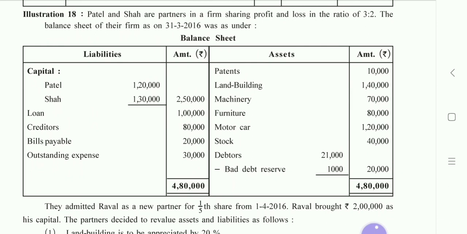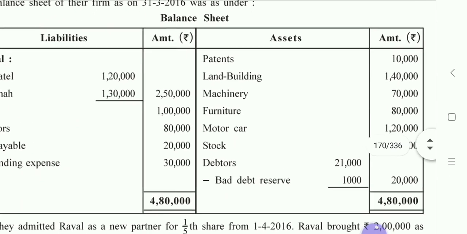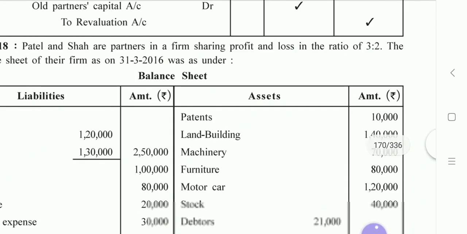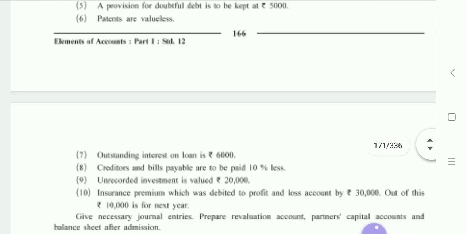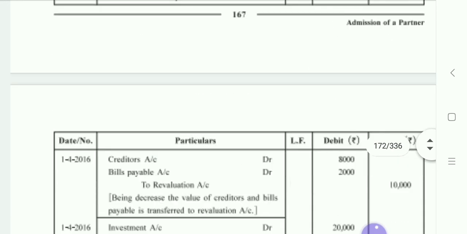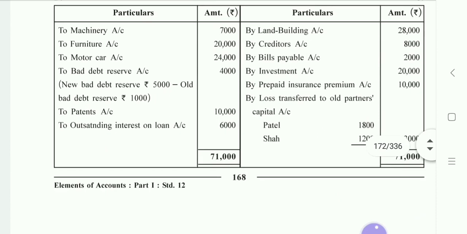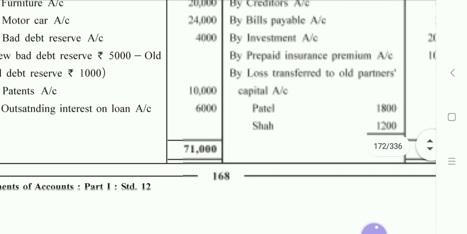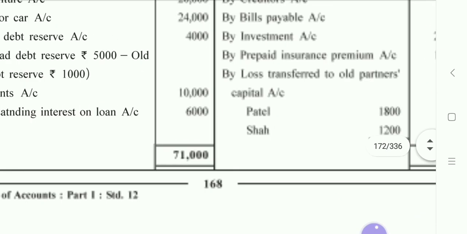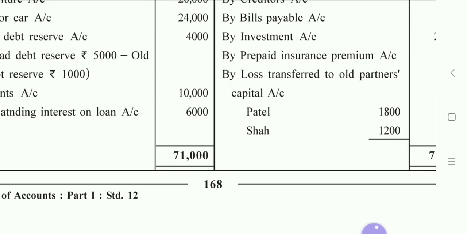Chapter 5. So their old ratio is 3:2. So the loss on revaluation 3000 has been distributed in the proportion of 3:2, which is 1800 and 1200 respectively.